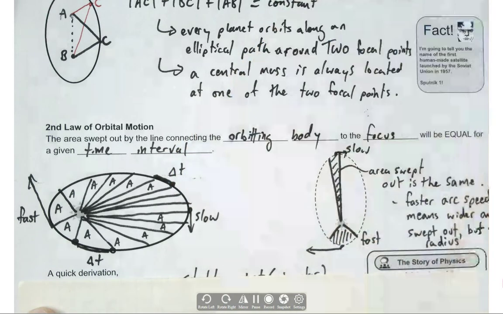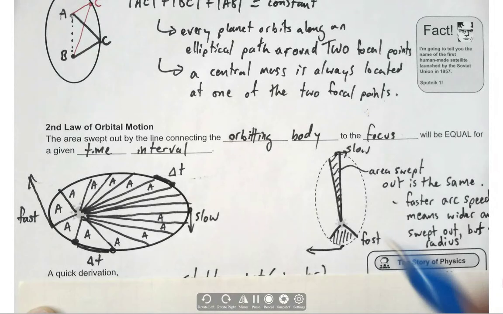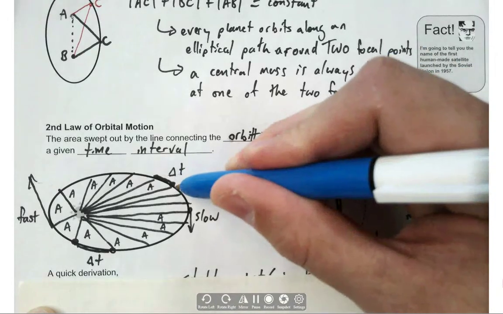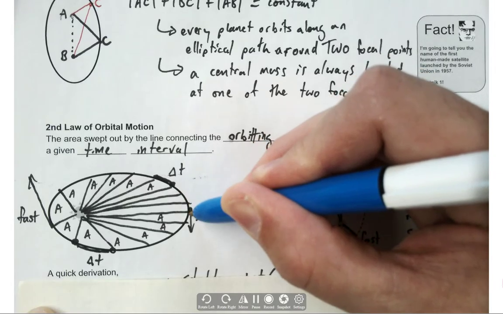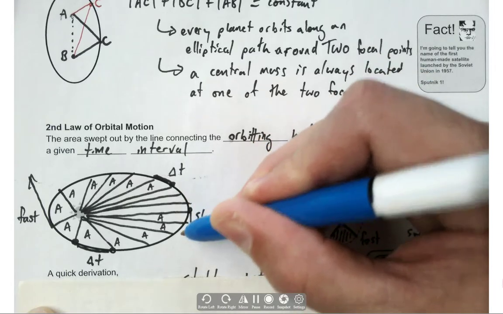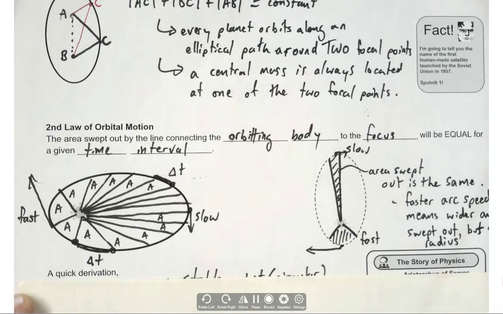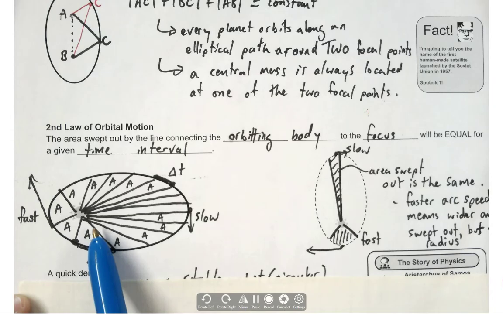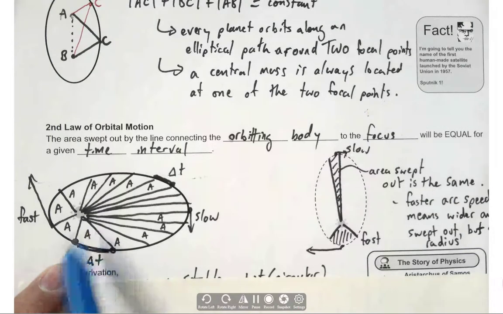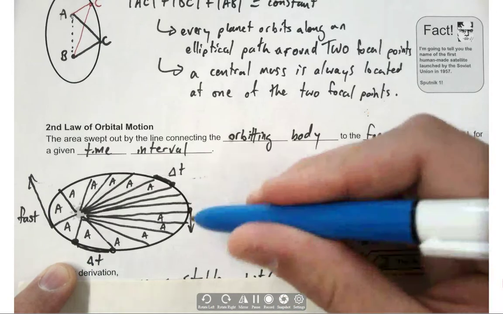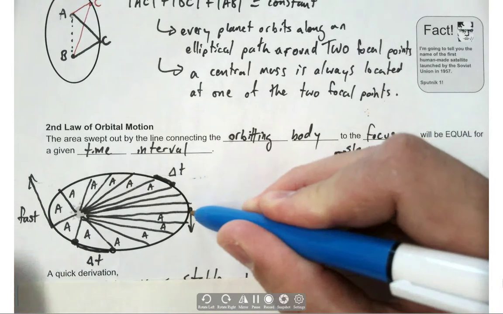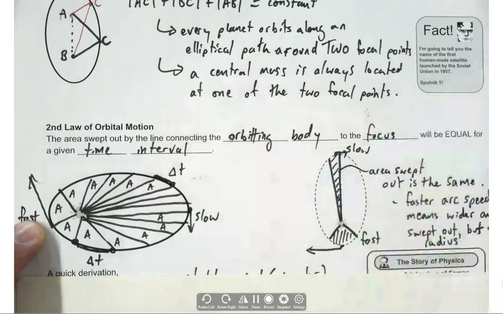And what Kepler says for his second law is that for each equal interval of time, each tick of the hand, if you like, as it goes around the clock face, and I get that this is a weird clock face, it's an elliptical clock face. You couldn't really do this with a mechanical clock. You'd have to have some sort of digital clock that animates this. But the tip of the hand of that clock would be slower out here, and the tip of the hand would be faster up here, and the areas would be equal to each other.